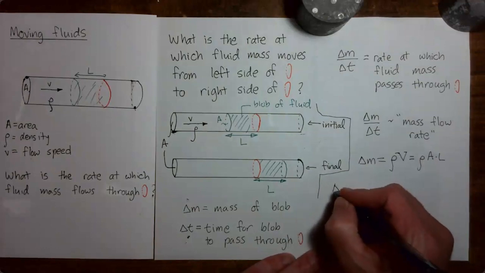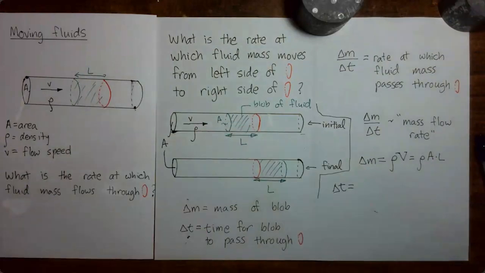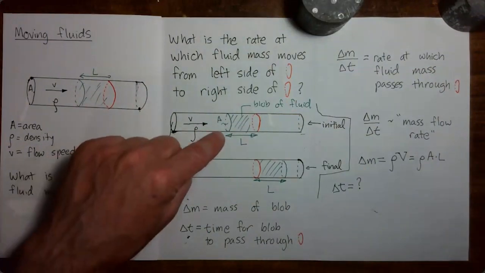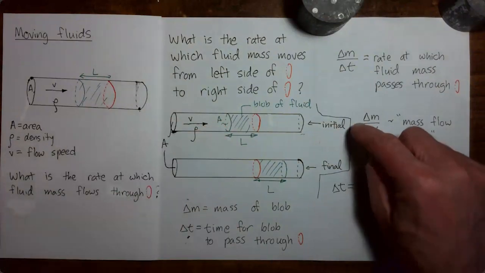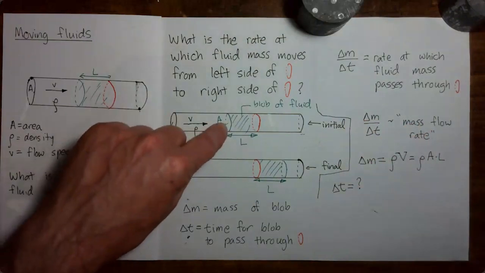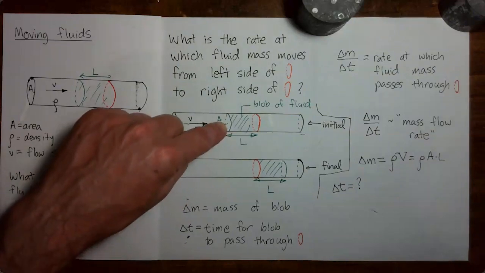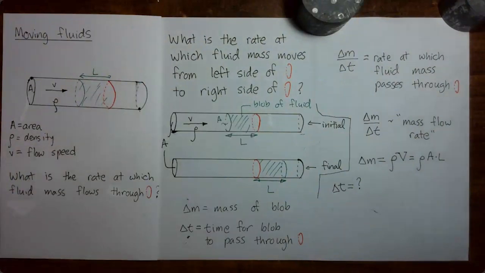Second part of this is how much time does it take for that blob to completely pass through the red circle? Let's concentrate on that back face of the blob, which starts out over here. As we go from the initial situation to the final situation, that back face of the blob is moving at a speed v, and it moves through a distance L. For an object moving at a constant speed, how do we relate the speed, the distance traveled, and the time it takes to travel that distance?